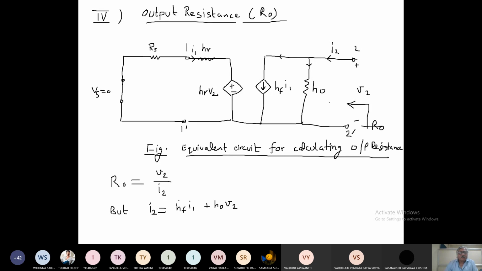With this, what will happen? R naught will be V2 divided by HF I1 plus H naught V2.